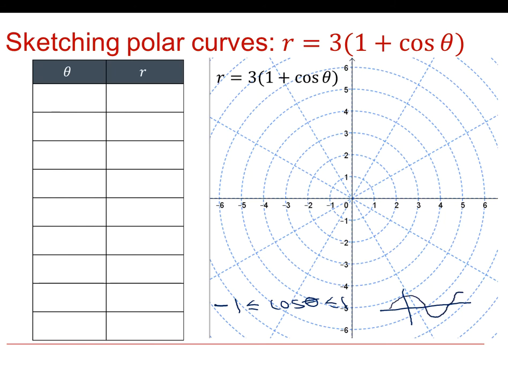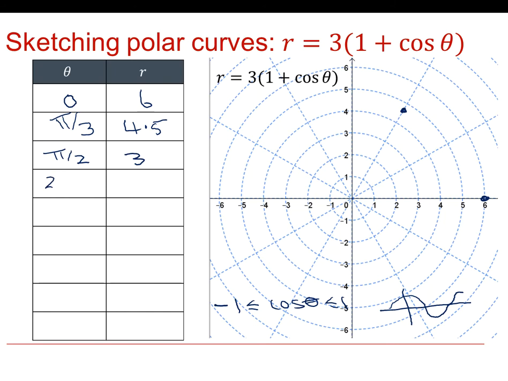When theta is 0, cos theta is 1, and so r will be 6. Moving along, pi by 3, we would find that cos theta was a half, and therefore r would be 4.5. At pi by 2, cos theta is 0, so r is simply 3.